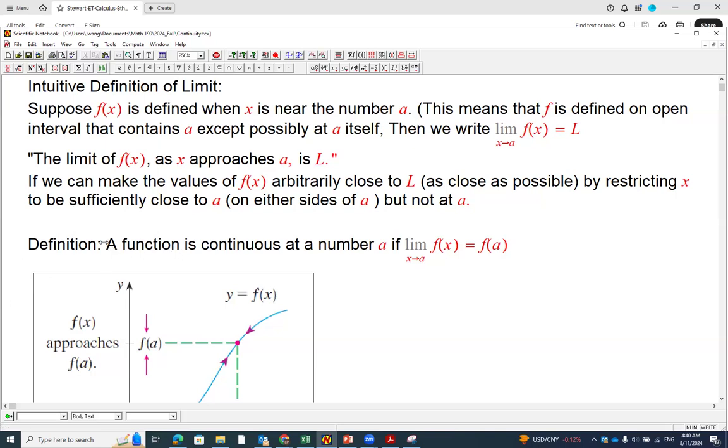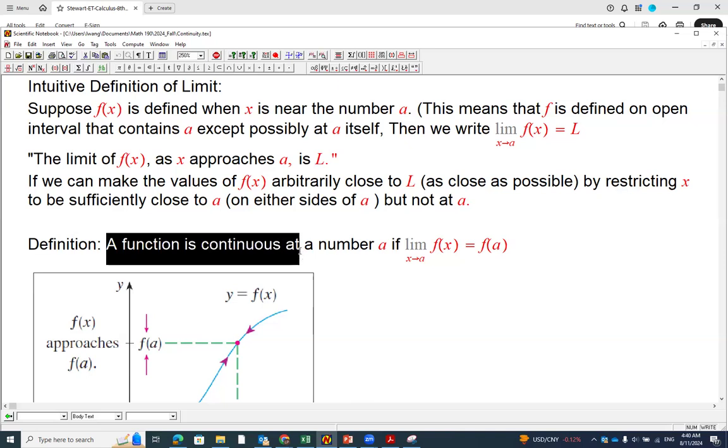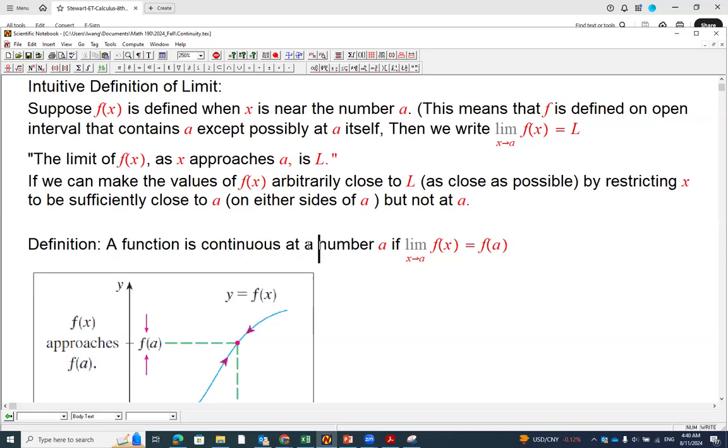Definition: a function is continuous at a number A, or at an input A, if the limit of the function f of x when x approaches A is the same as the function's value at A. So here's the picture.